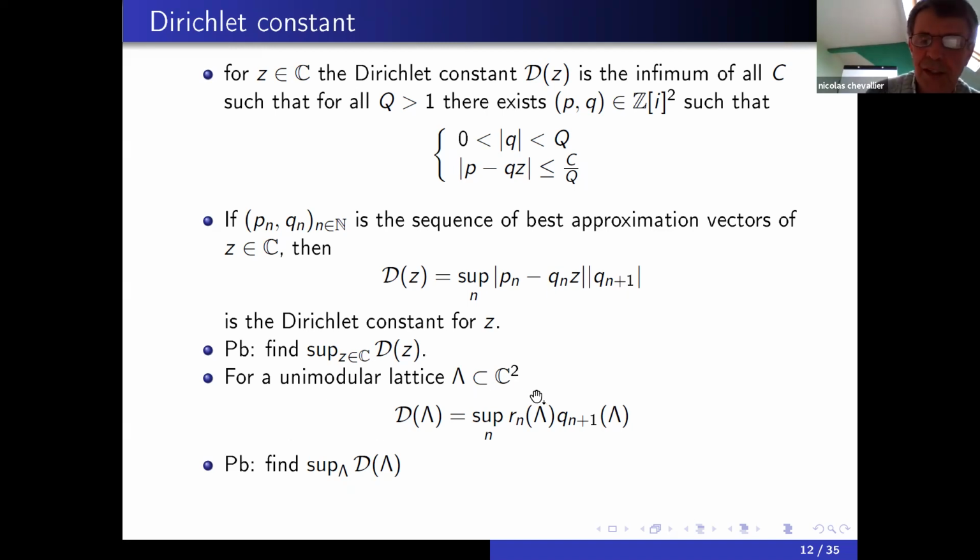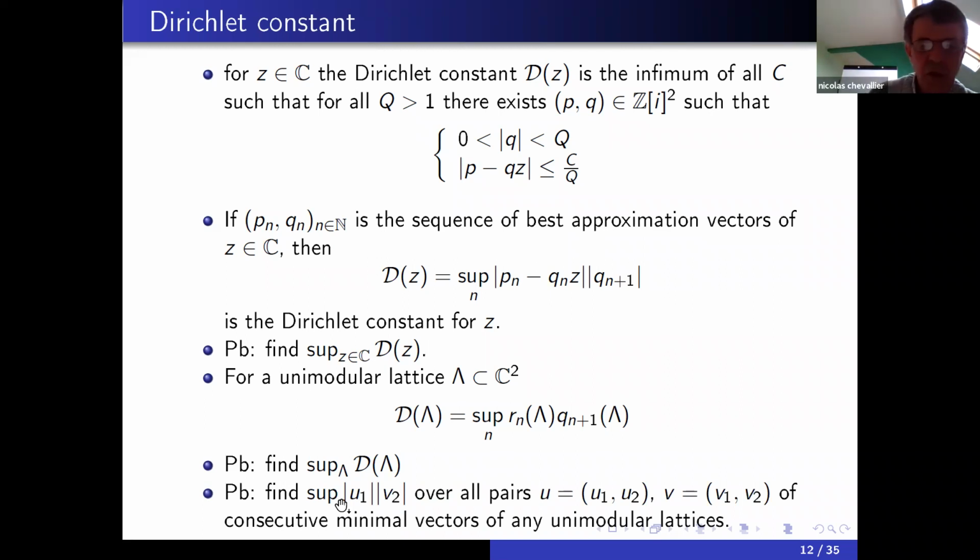And then instead of computing this sup, you can compute this sup where Rn and Qn are given by the sequence of all minimal vectors. And then you can compute the sup over all unimodular lattices lambda. And this you can formulate even directly.